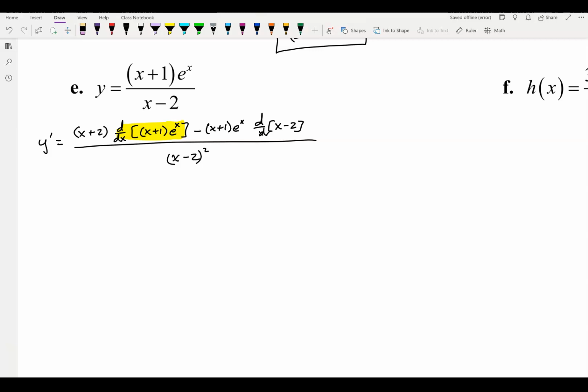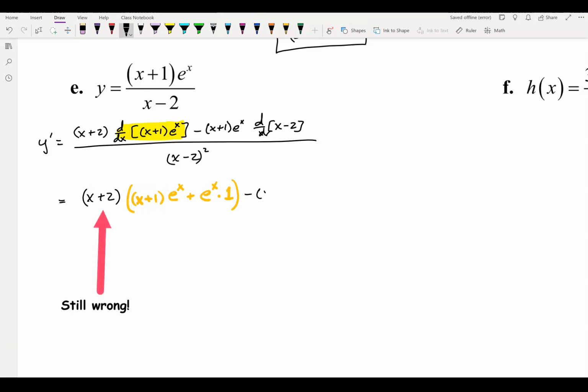So anyway, doing that part in yellow, I'll actually do it in yellow just for fun. We have what? The first function times the derivative of the second, derivative of e to the x is e to the x, plus the second function times the derivative of the first function, which the derivative of x plus 1 is just 1, so that's times 1. And all of that is going to be multiplying the x plus 2 there.